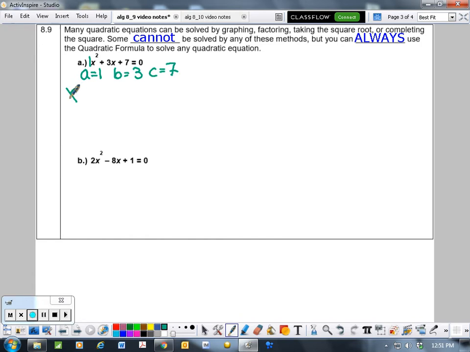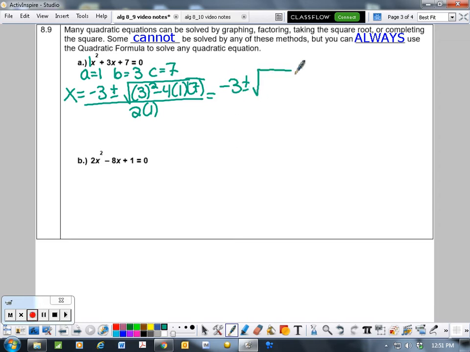We plug it in. x equals -b plus or minus the square root of b squared minus 4ac all over 2a. So it becomes -3 plus or minus the square root of 9 minus 28 all over 2.